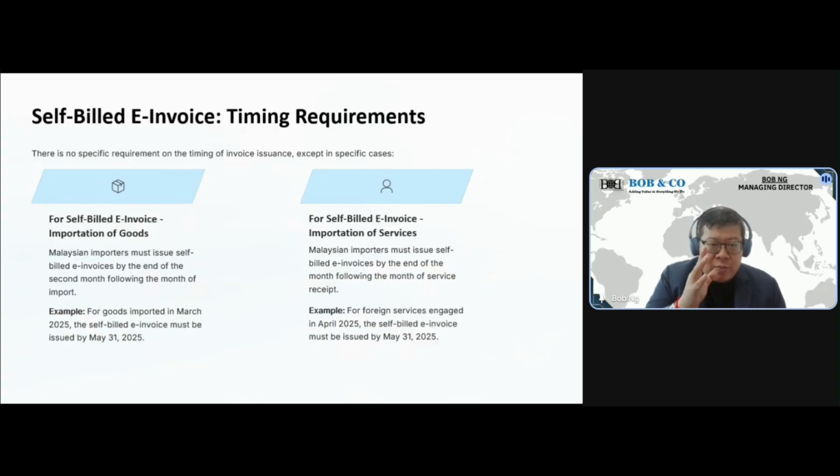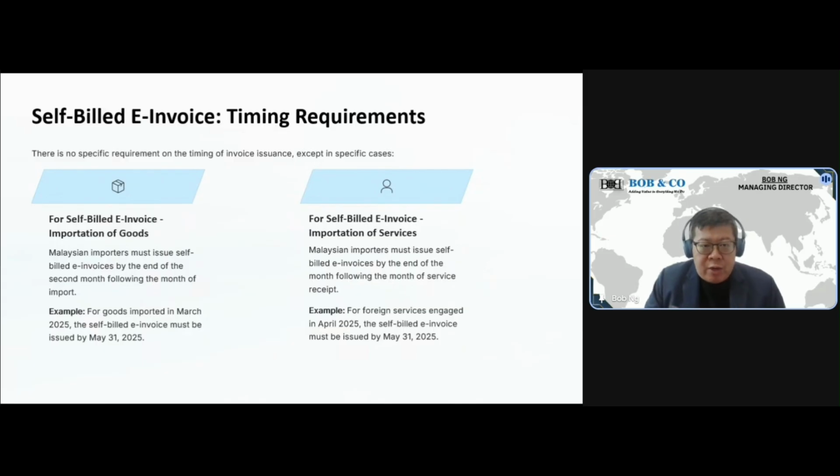So if you are buying at any time in the month of March 2025, the e-invoice has to be recorded in the system by 31st May 2025, 2 months. Whereas if you are purchasing services from overseas, you are given 1 month. So the example is if you buy at any time in the month of April 2025, the submission must be done by 31st May 2025.